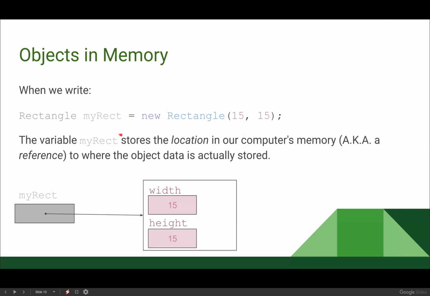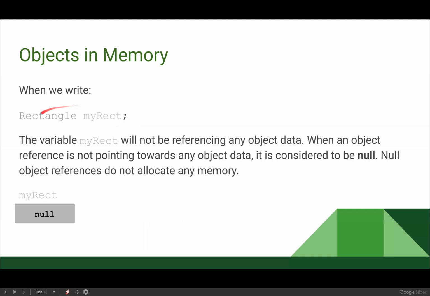Now, if I declare an object, but do not initialize it, then my variable, myRect, will not be referencing any object data because I haven't given it any object data to look at. When an object reference is not pointing toward any object data, it is considered to be null.